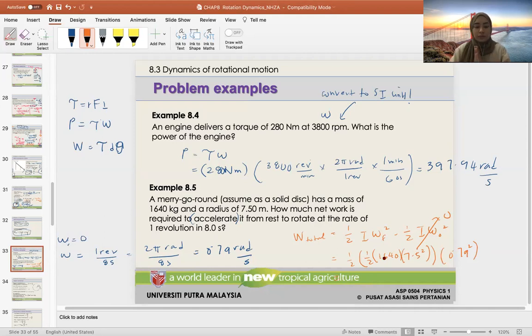Why is there a half there? Because I for a solid disk is 1/2 mr squared. This 1/2 is from this equation, this 1/2 is mr squared, this is I. Is that right, or did I use the wrong equation? Let me check.